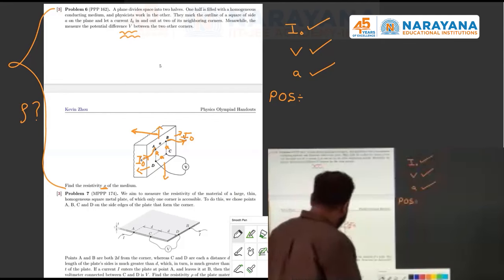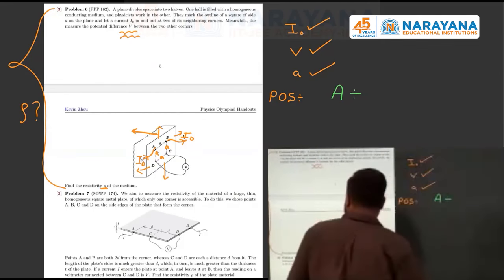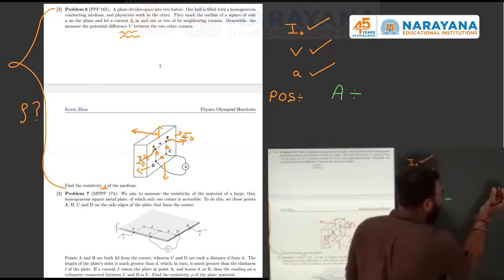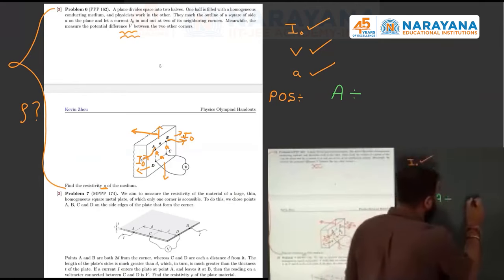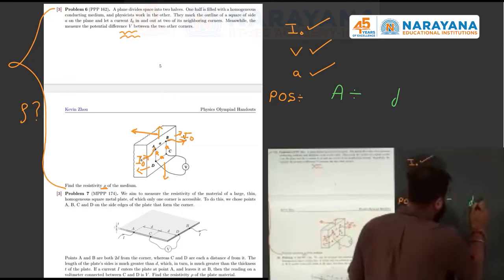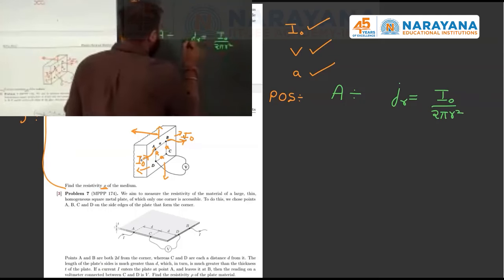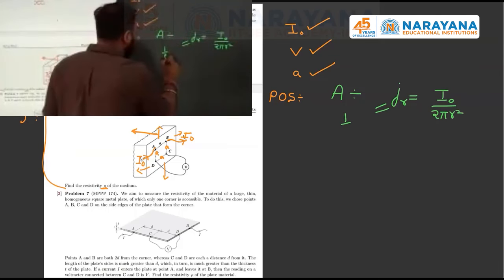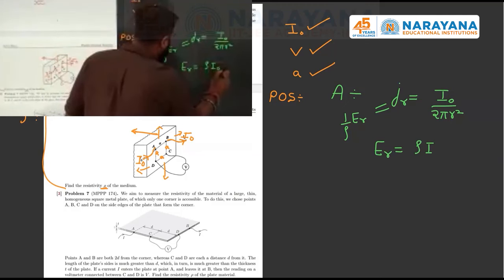So if I only look into the effect of A, and draw a hemisphere within the conducting material of radius r, my J as a function of r should be I naught upon 2 pi r square. And that helps me out because this becomes 1 upon rho into E as a function of r. So my E comes out as rho I naught upon 2 pi r square.